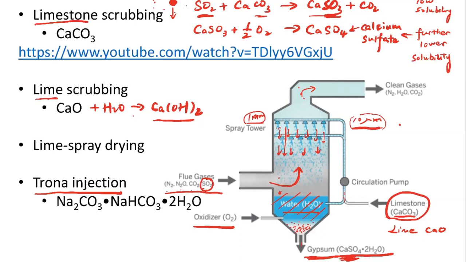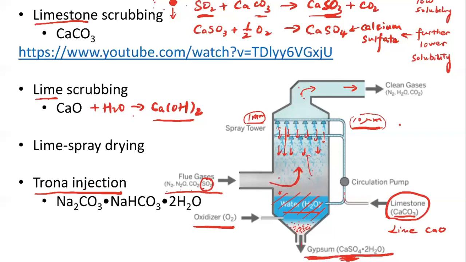So we're basically forming PM, right? We introduce very small droplets, and while they evaporate and react, they become smaller. Once they become small enough, their gravity is not strong enough to let them settle down onto the ground. They're just going to go with the flue gas and then exit this spray tower, okay?